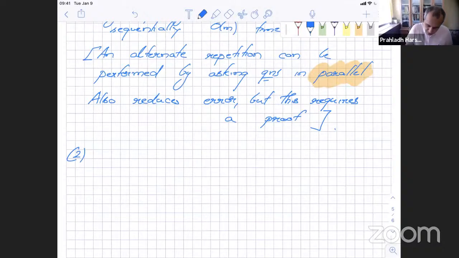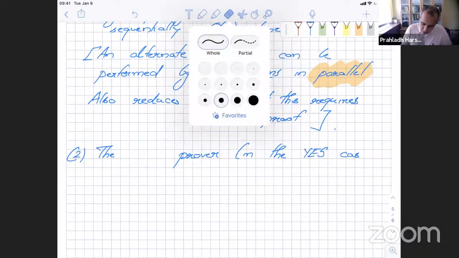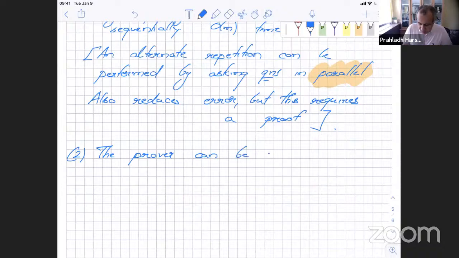The honest prover. What is the correct prover? They use different terms for it. In the yes case, actually any prover. Right now we define the prover to be probabilistic, in itself randomized.